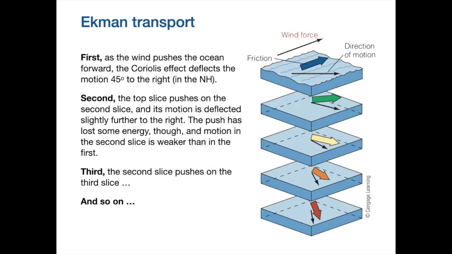So as the wind blows over the top layer of the ocean, that layer will move in the northern hemisphere to the right. Theoretically, it's 45 degrees to the right of the wind in the northern hemisphere, and it would be 45 degrees to the left of the wind in the southern hemisphere.